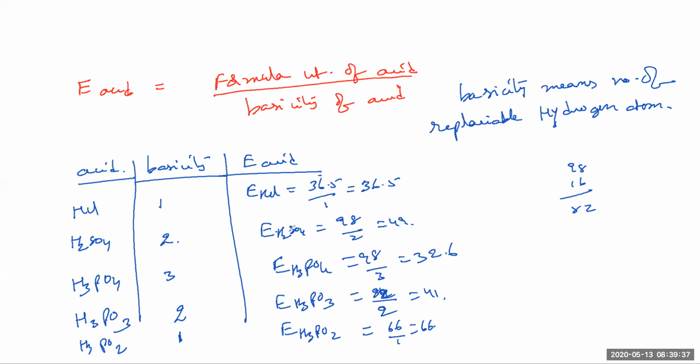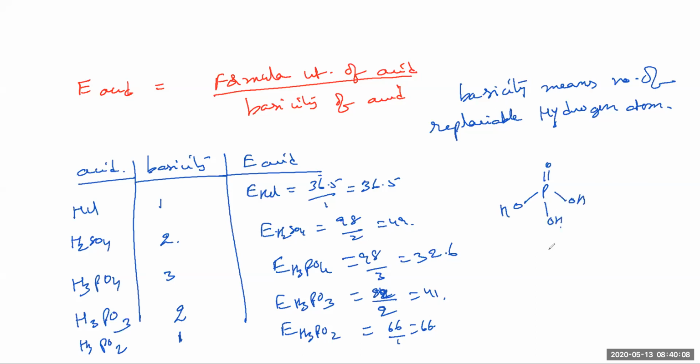Some of you are asking why basicity is like this. Even if 3 hydrogens are there in H3PO3, basicity is 2. Even in H3PO2, 3 hydrogens are there, basicity 1. Now we'll go for the structural aspect, where I observe the structures. H3PO4 means phosphorus double bond O, with OH, OH, OH.